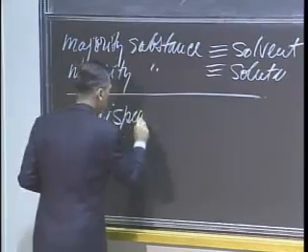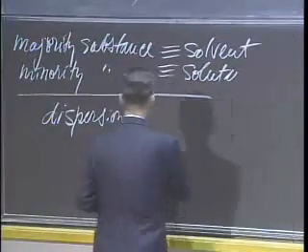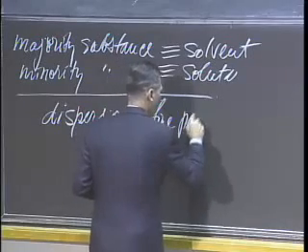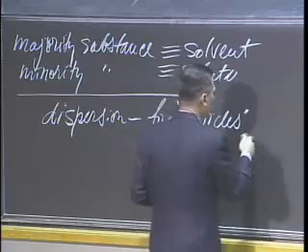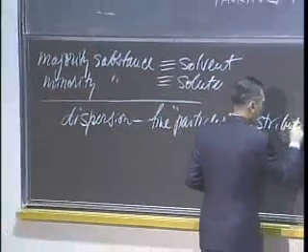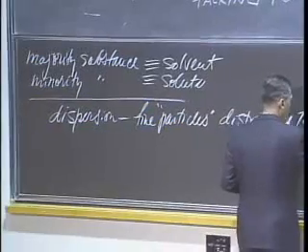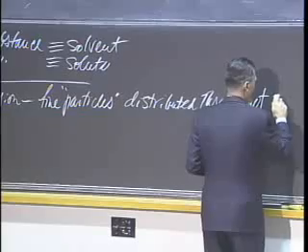It's a dispersion because we don't have homogeneity. Dispersion is fine particles, and I'm using the term particle to mean this cluster, fine particles distributed throughout some matrix.